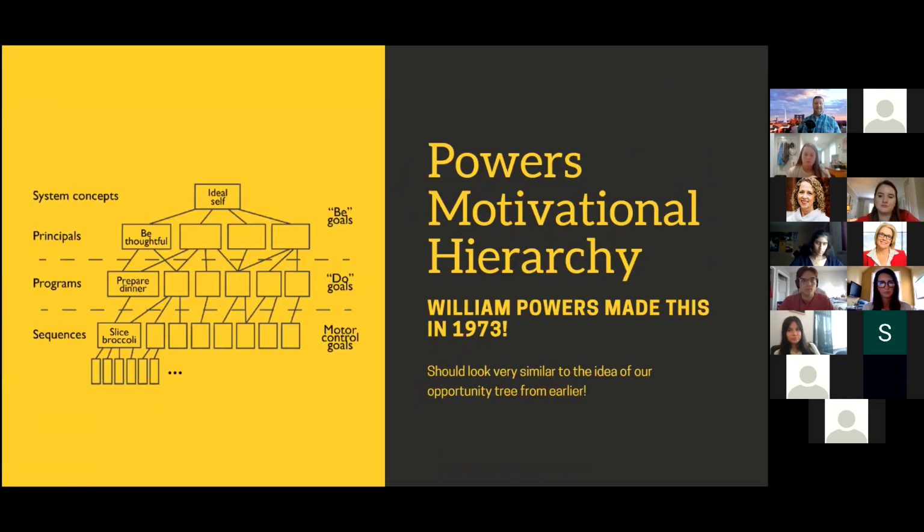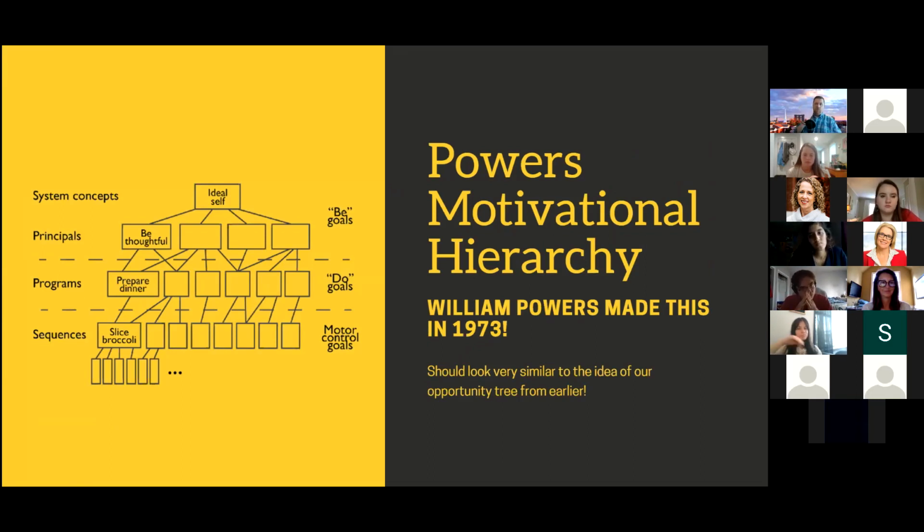Back in '73, someone named William Powers published this figure on the left. If you look at it, you go, that looks really similar to something we were just looking at a minute ago. They break up the different levels of opportunity. There's this ideal self, the thing that you would want to be in a perfect world.